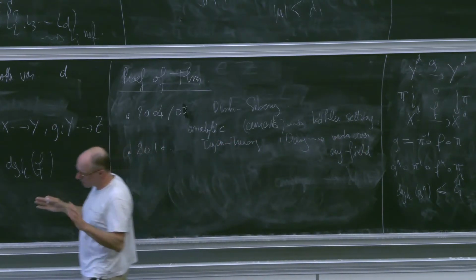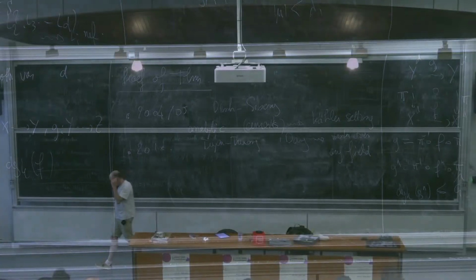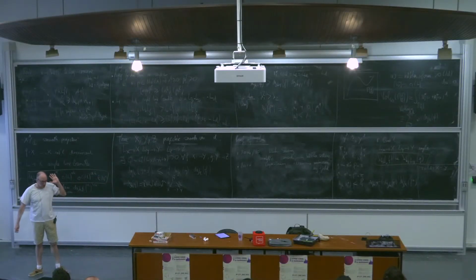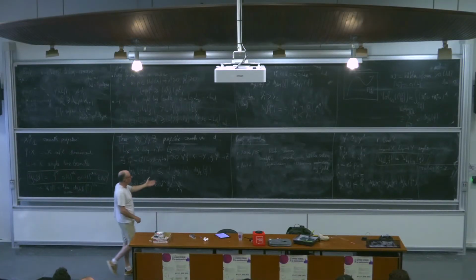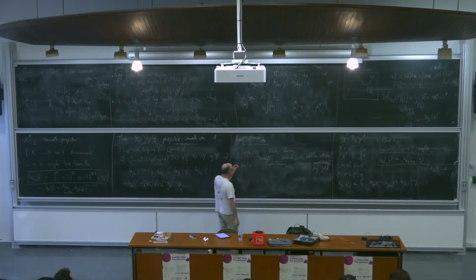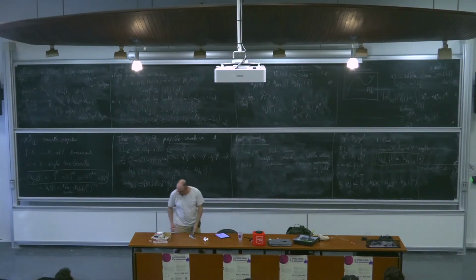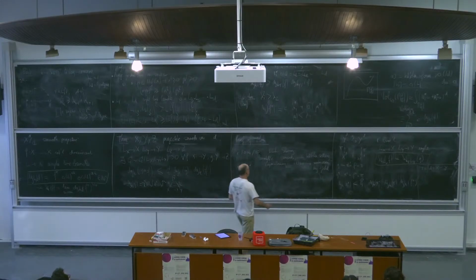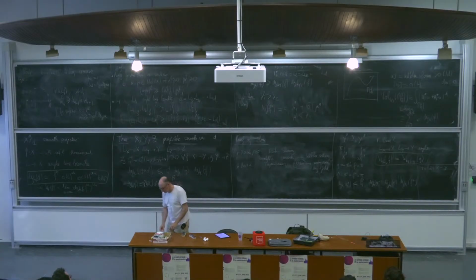Here you can argue that over a field of characteristic 0, of course you can embed this field into C and then use the analytic argument of Dinh and Sibony, and then you're done. But over a field of positive characteristic, it's a bit unclear. At least the proof here is completely algebraic. And so I'm going to explain the proof by Dang.